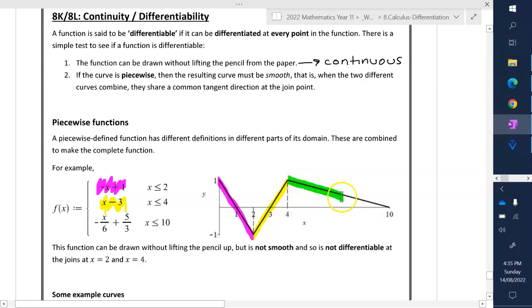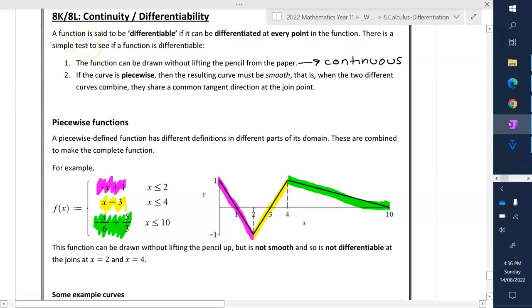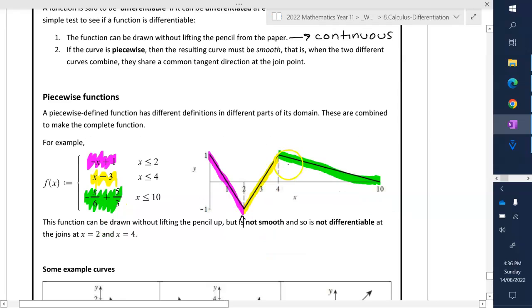This last part of the graph is when x is less than or equal to 10, and we've got minus x over 6 plus 5 over 3. So three very different functions joined together to make one whole, and that's what we call a piecewise function. So what we notice on the graph is the graphs are joining at these 2 points here. Okay, so they join at x equals 2 and x equals 4.